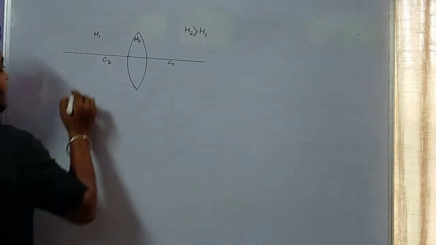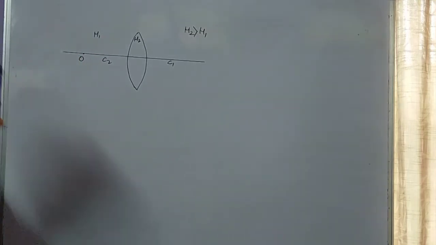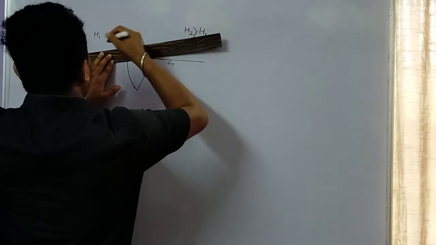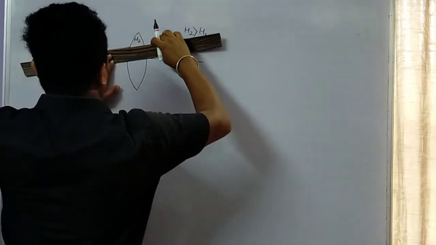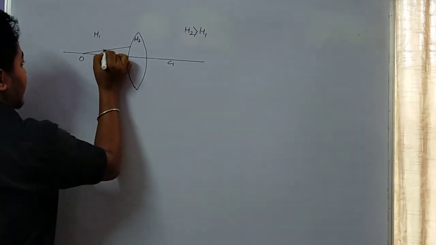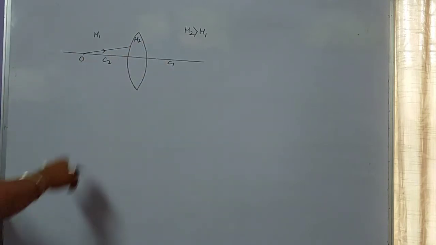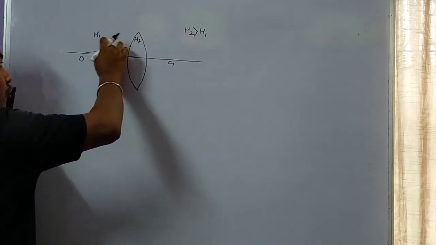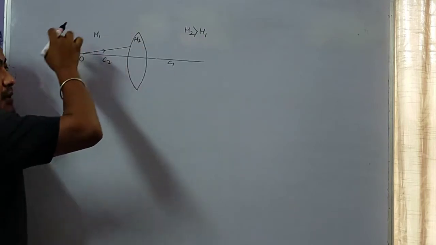Now I am taking an object here, and light is incident on it. Let's see what happened. Understand very carefully. This is the ray of light incident from the object O. It is entering from a rarer to a denser medium.